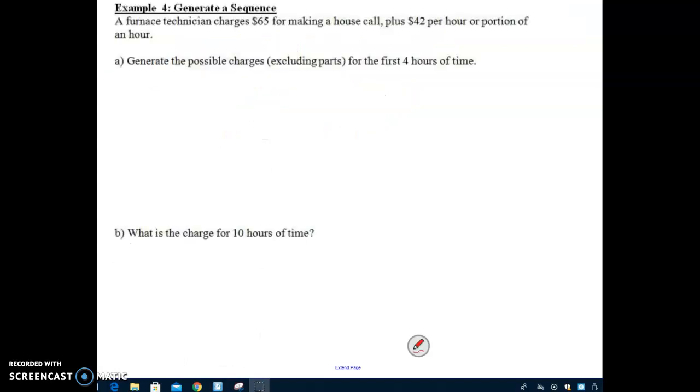And finally, let's move on to example 4, which says generate a sequence. It says that this furnace technician charges $65 for showing up at a house, plus $42 an hour for his service. So generate the possible charges for the first 4 hours of time. So he shows up, and that costs $65 just for showing up.